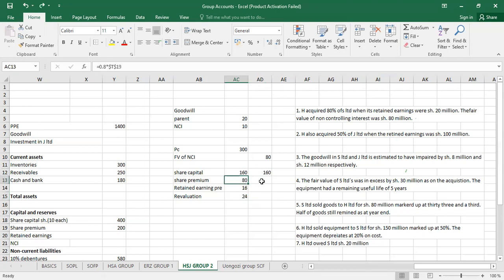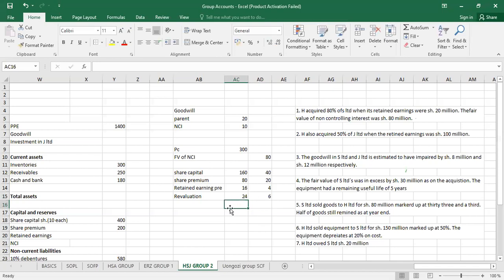Here I want it to be 0.2. The Excel is not bringing what I want. So equal 0.2 multiplied by 100, equal 0.2 multiplied by 20, equal 0.2 multiplied by 30.